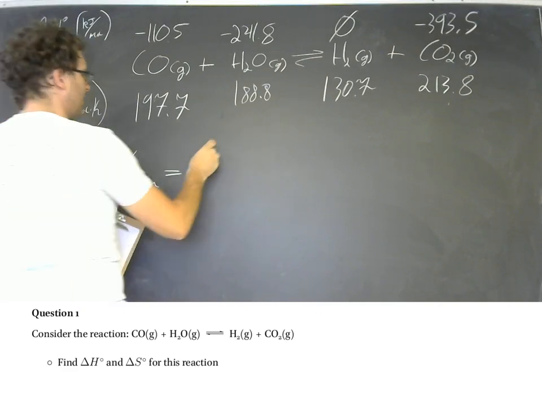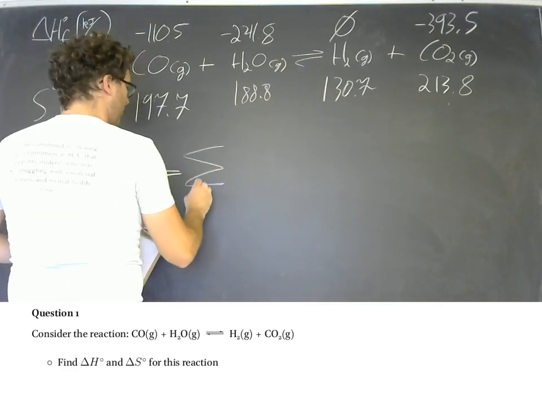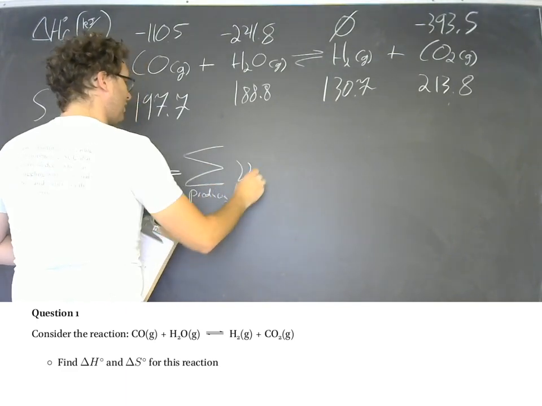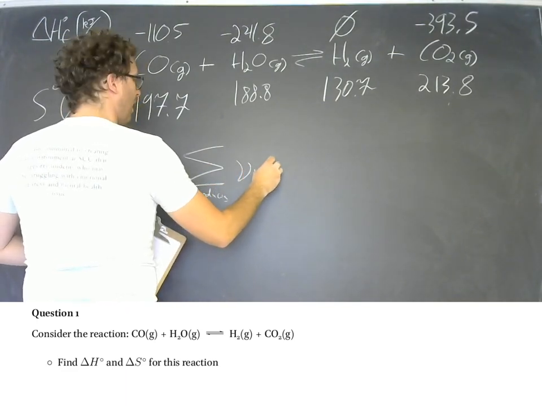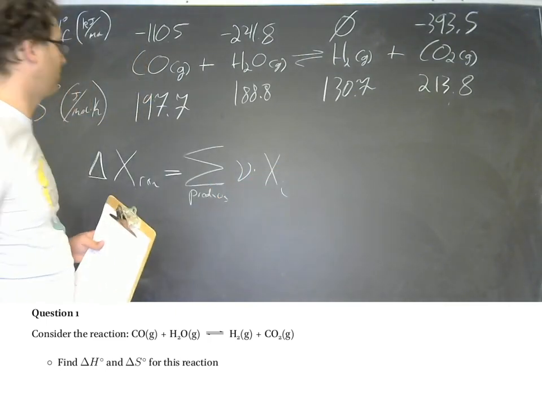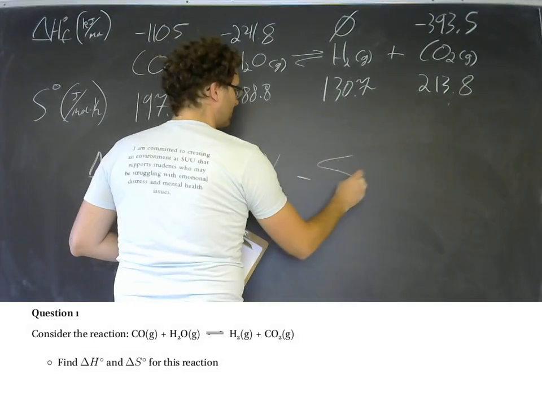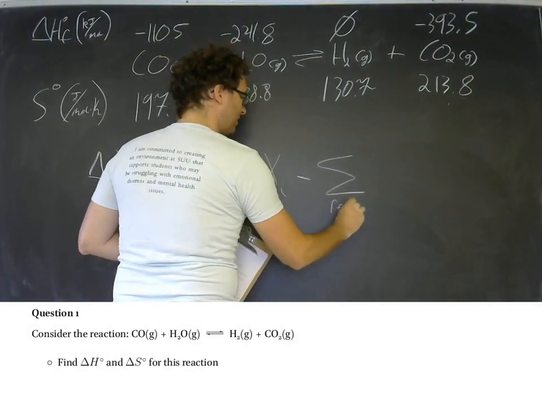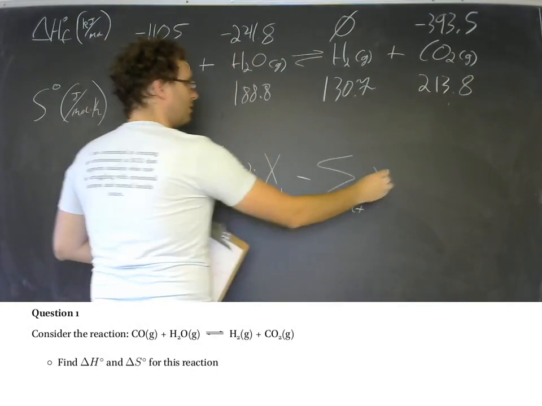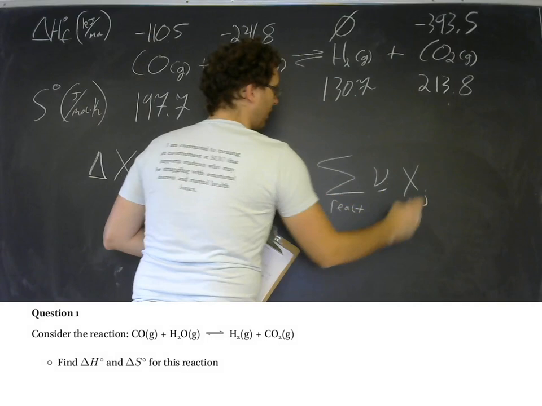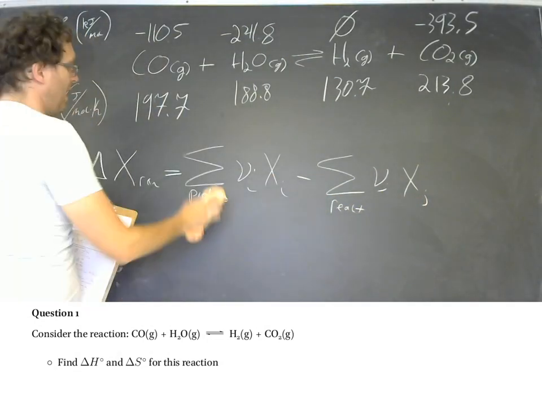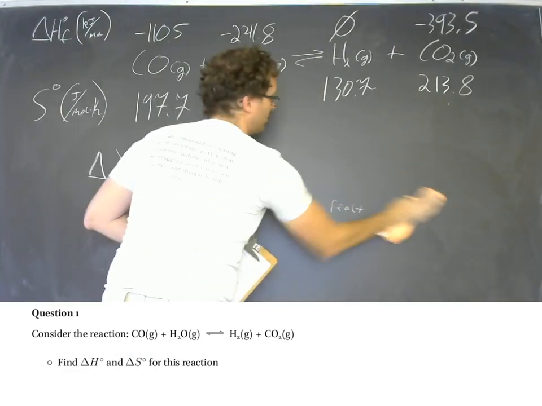You're going to take the sum over the products, the stoichiometric coefficients times the X values for each of your products, minus the sum over reactants, the stoichiometric coefficients times their entropy or enthalpy values from the table. And let's just put that into practice here for this reaction.